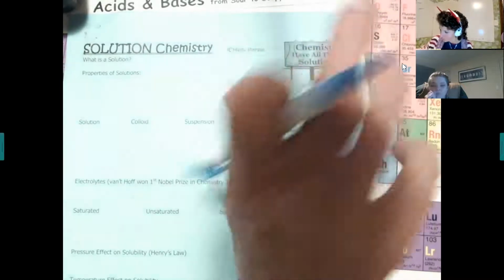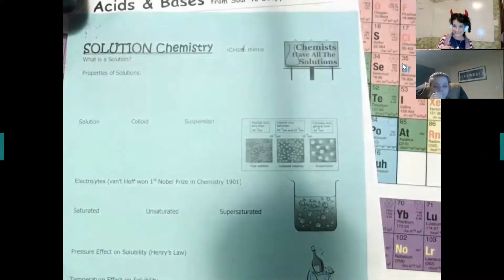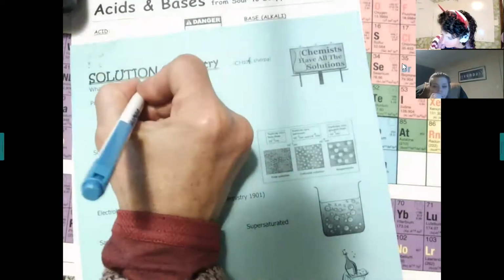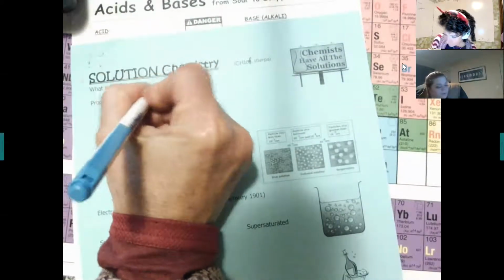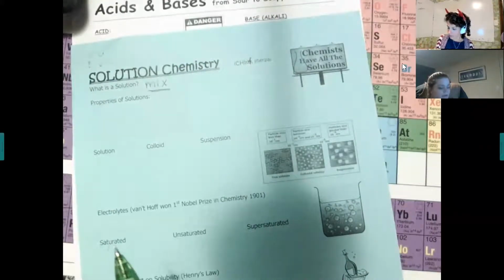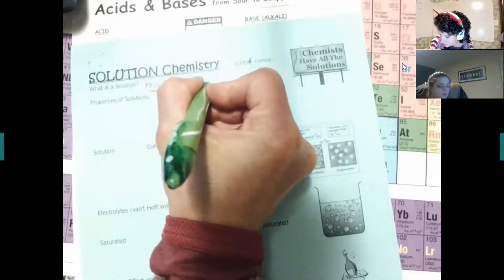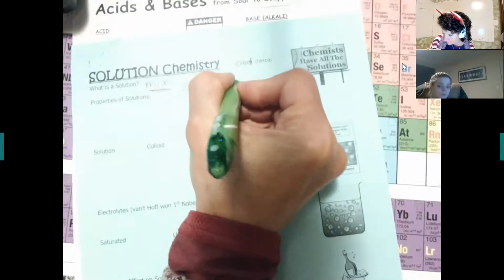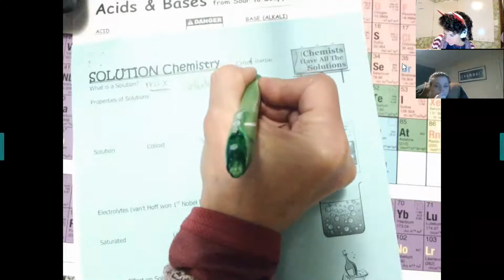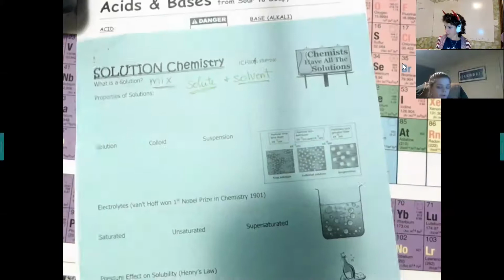This is Chem 104. So a solution is a mixture. It's a mix of two things. You're always going to have two parts, a solute and a solvent.